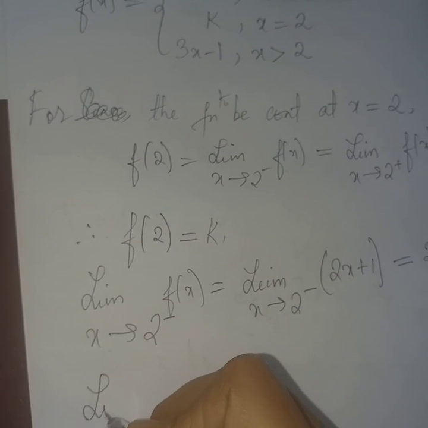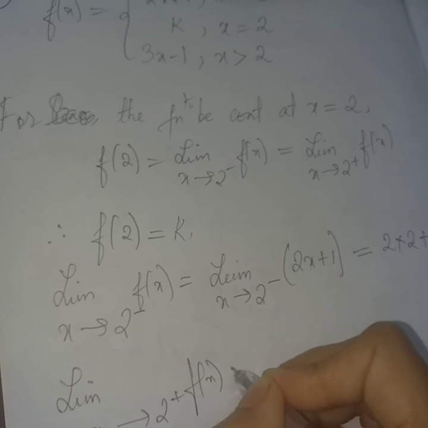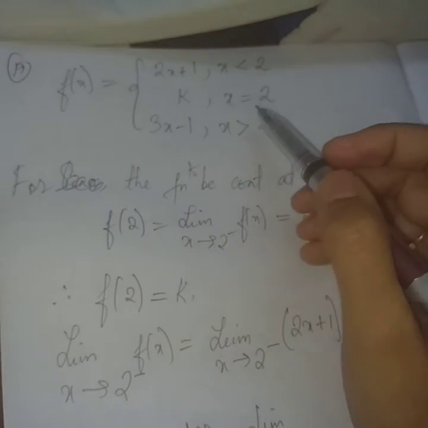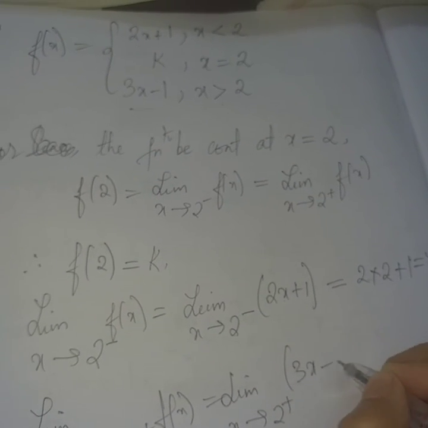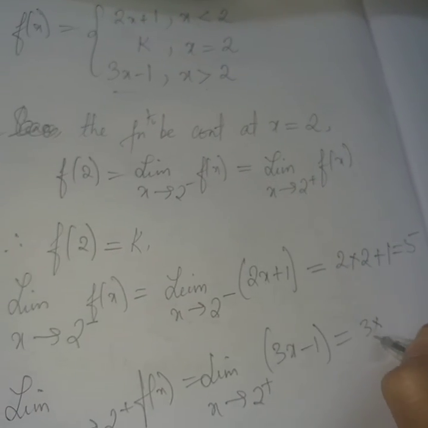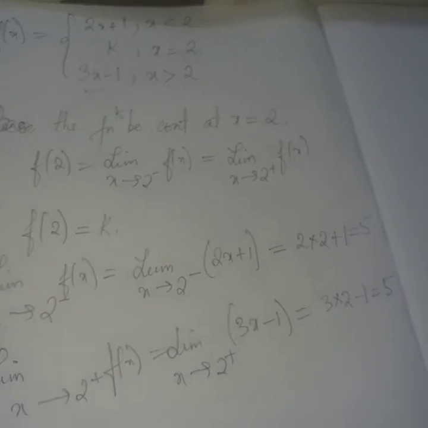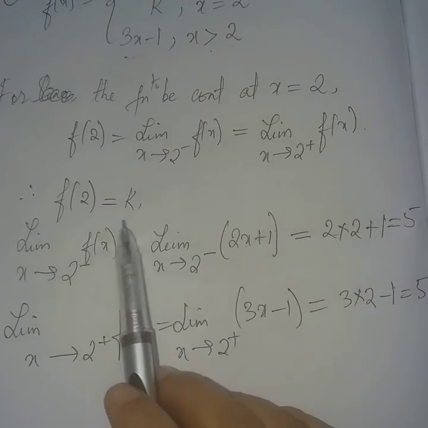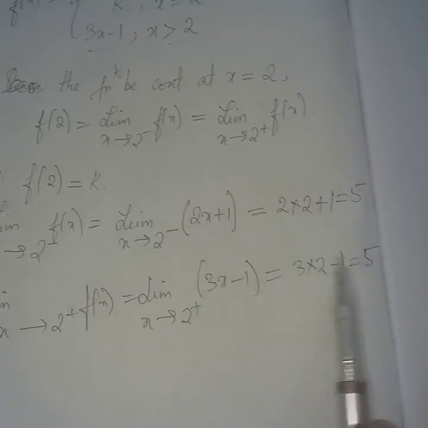Now the right hand limit, x tends to 2 plus. When x is greater than 2, the function must be 3x minus 1. So we replace the value of x by 2, 3 into 2 is 6, minus 1 equal to 5. So here f of 2 is k, the left hand limit is 5, the right hand limit is 5.